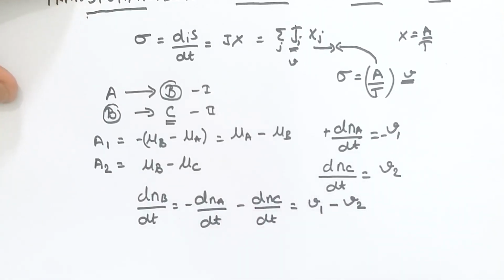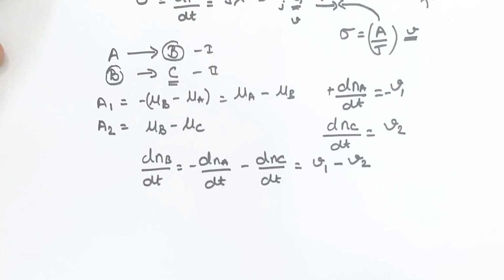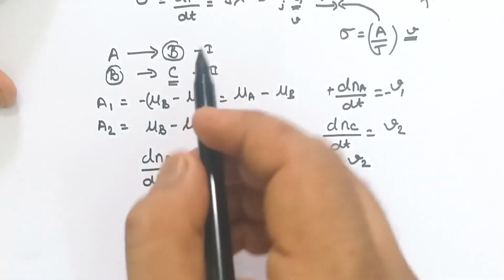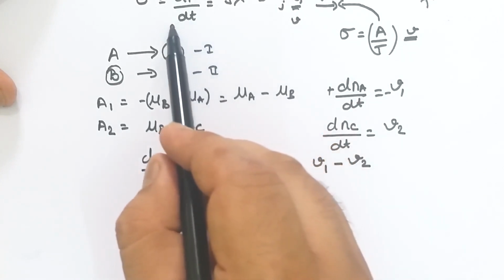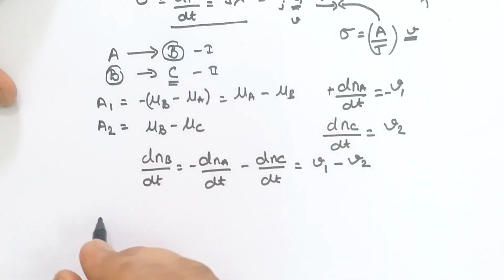Okay, so this is the rate of the formation of B. Okay, now the entropy production or the rate of entropy production. Now the rate of entropy production we have already seen from this particular expression.